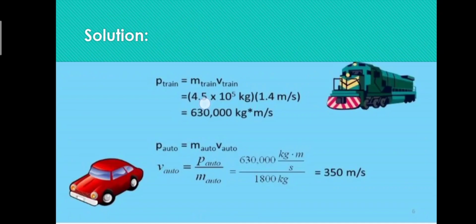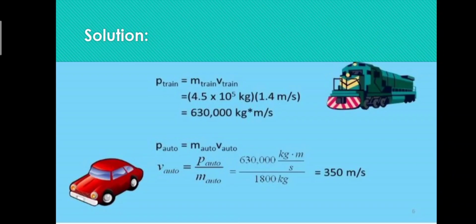Since the mass of the train is 4.5 times 10 raised to the power of 5 kilogram, and the velocity of the train is 1.4 meter per second, now let's multiply the value of mass and velocity. The momentum of the train is 630,000 kilogram meter per second.